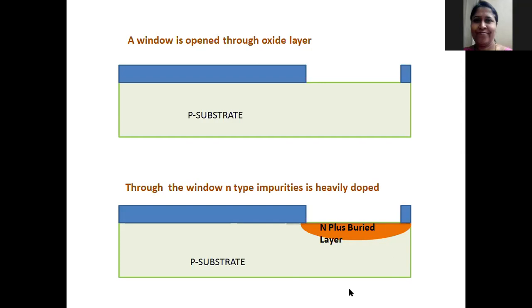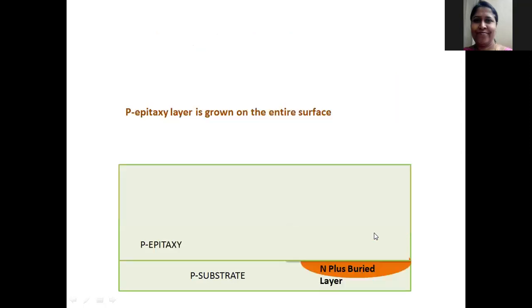It is only to provide a low resistance layer. We develop this N plus buried layer. So here, next what we do is we develop an epitaxial layer of P-type over the P substrate.